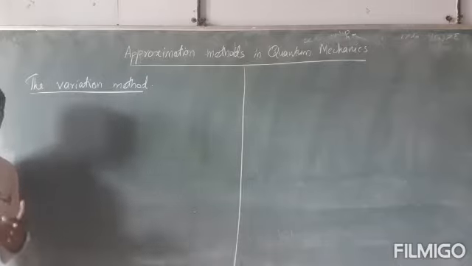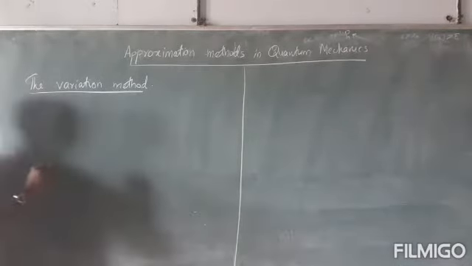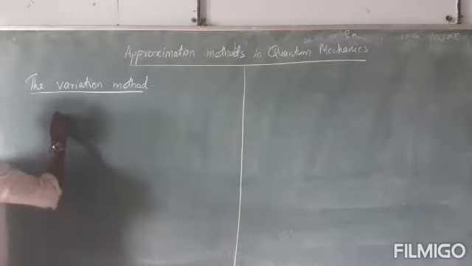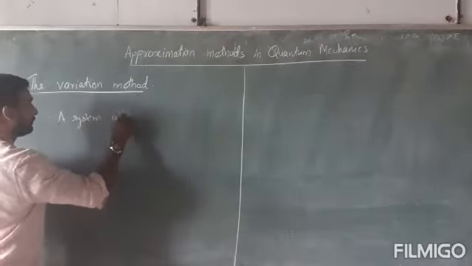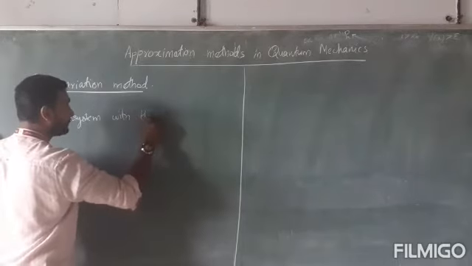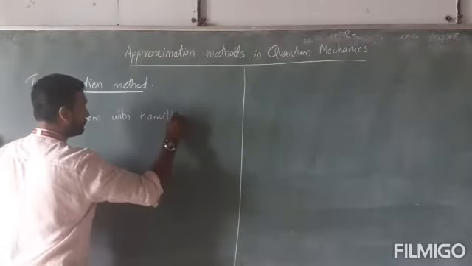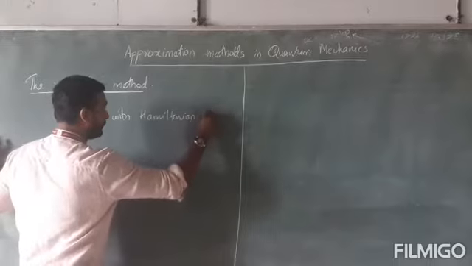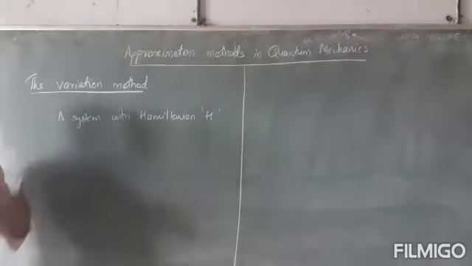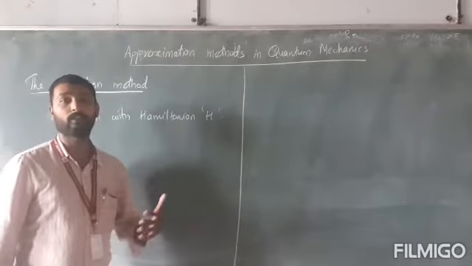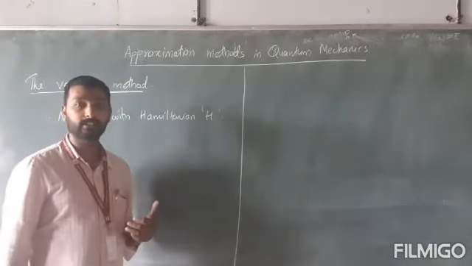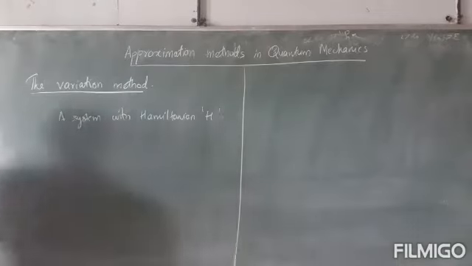Suppose you know a system with the Hamiltonian H, and suppose this Hamiltonian H is not exactly solvable. Then we cannot find the exact energy eigenstate of the system.